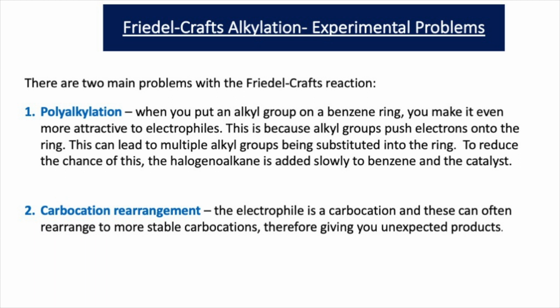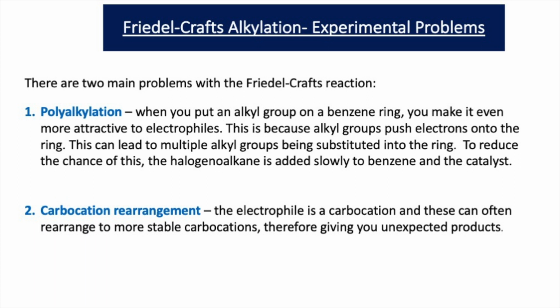Now the second problem is carbocation rearrangement. Now the electrophile is a carbocation, and you would have come across these in AS chemistry when you studied alkenes reacting with hydrogen bromide and hydrogen chloride.